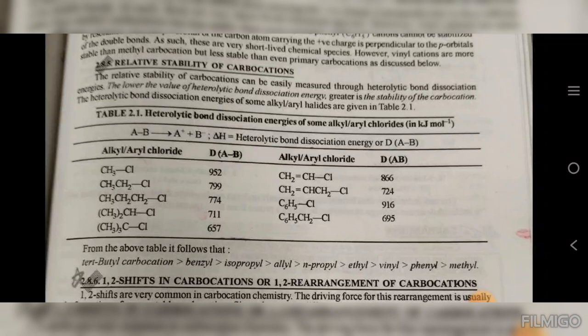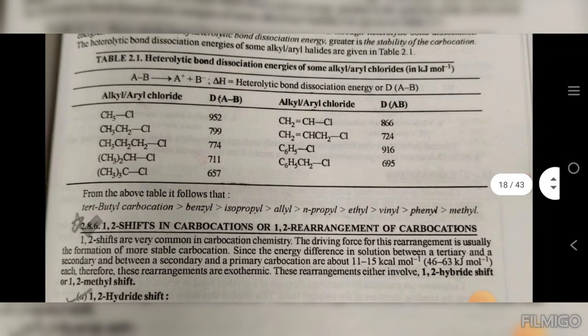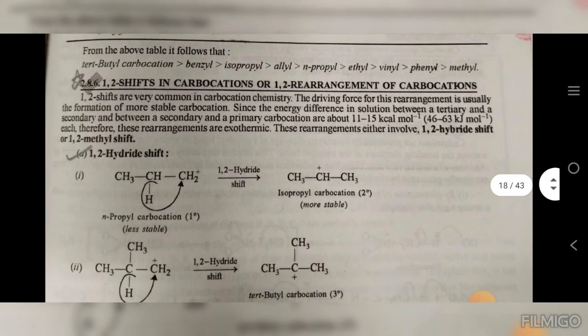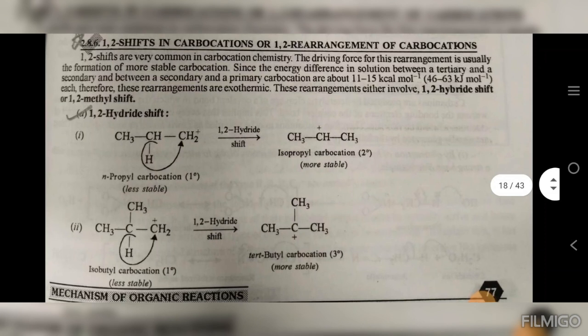The heterolytic bond dissociation energies of some alkyl and aryl halides are given in Table 2.1, in kilojoules per mole. From the above table, it follows that the order is tertiary butyl carbocation, benzyl, isopropyl, allyl, n-propyl, ethyl, vinyl, phenyl, methyl.